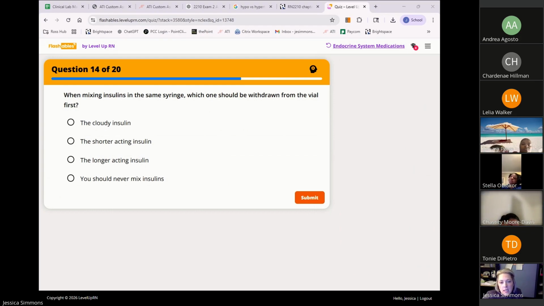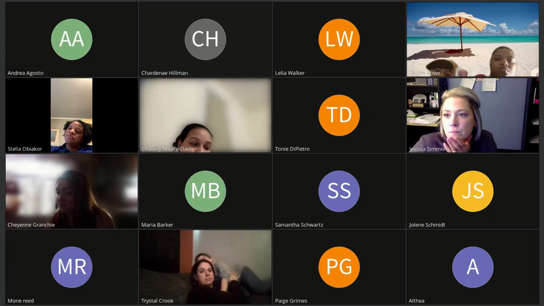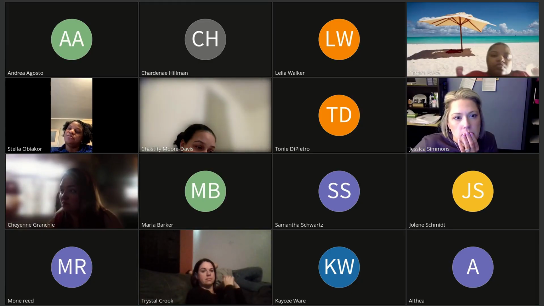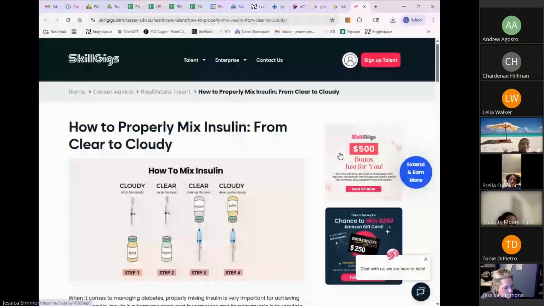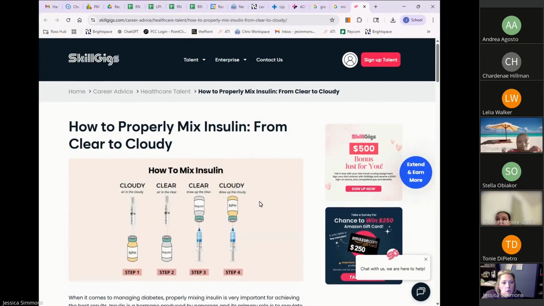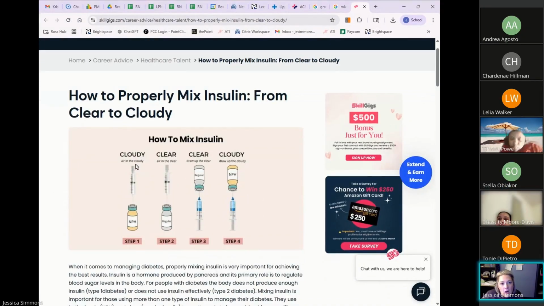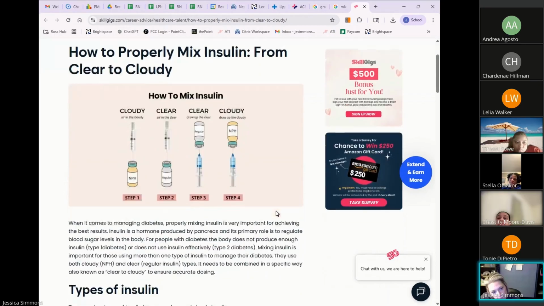All right, I'm going to share this picture with you. So, how to mix insulin? Air in the cloudy, air in the clear. Draw up the clear and then draw up the cloudy. So cloudy, clear, clear, cloudy. Okay?